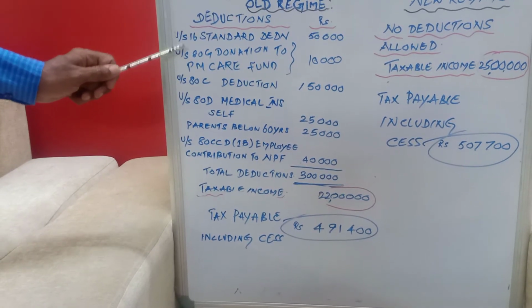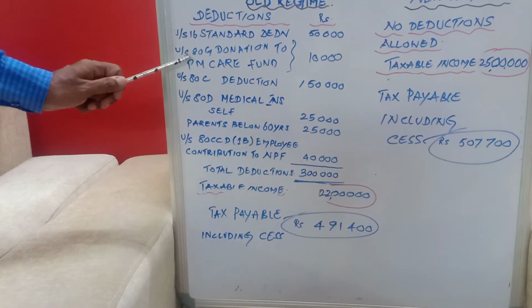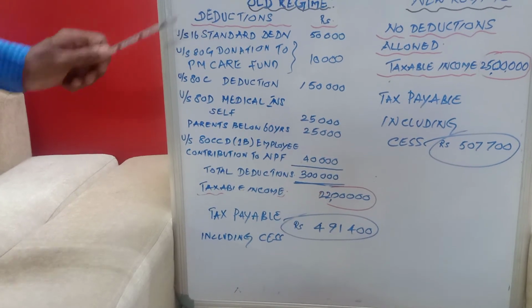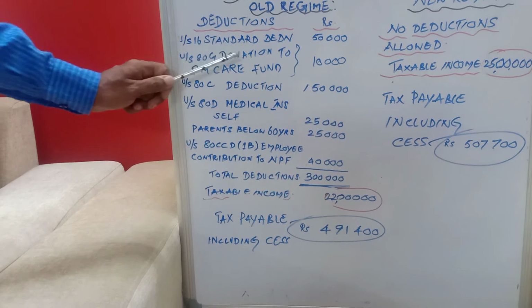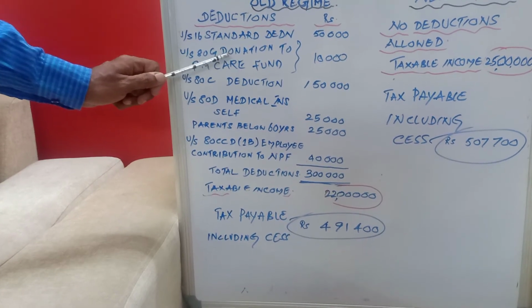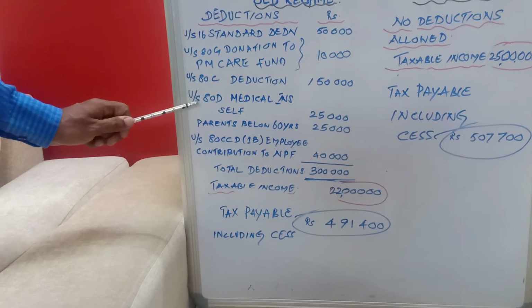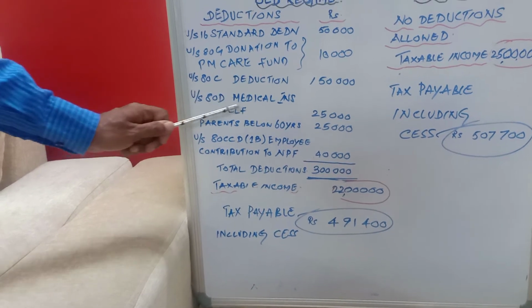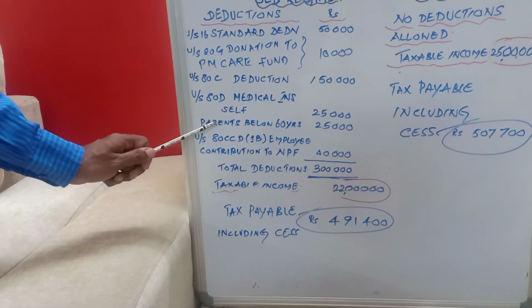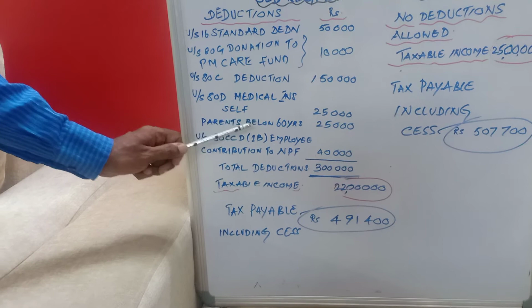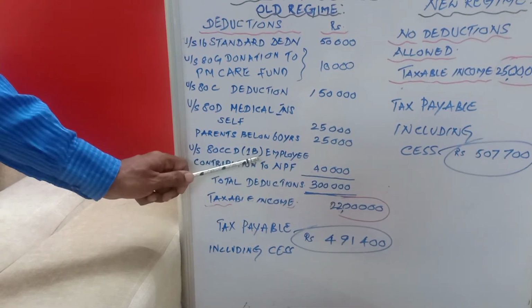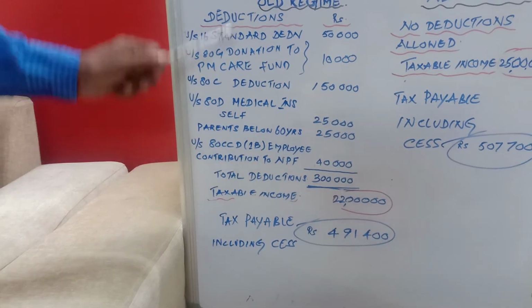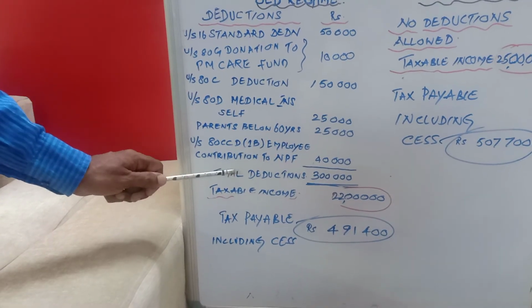Under section 80G, donation to PM CARES Fund, Citizen Assistance and Relief in Emergency Situations fund, called the CARES Fund, 10,000. Under section 80D, medical insurance for self 25,000, parents below 60 years, maximum 25,000. Under section 80CCD 1B, employee contribution to NPF, he claims 40,000. So the total deduction comes to 3 lakhs.